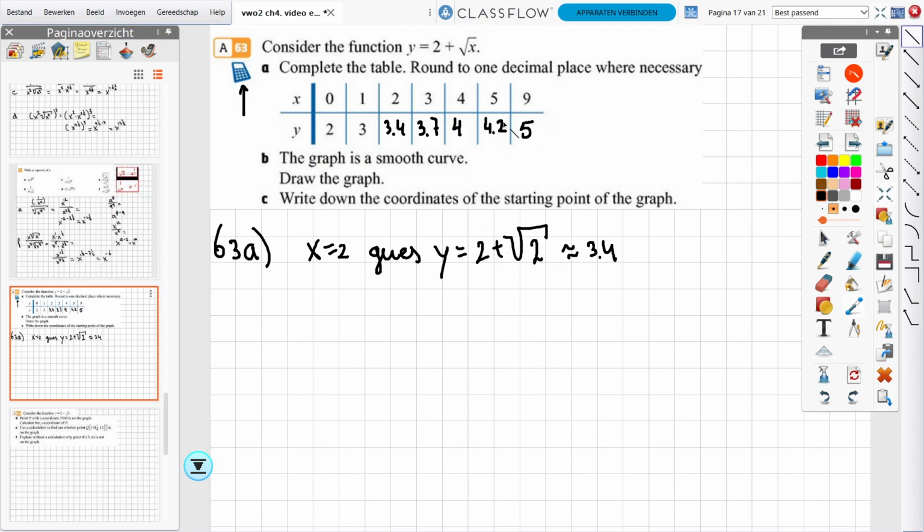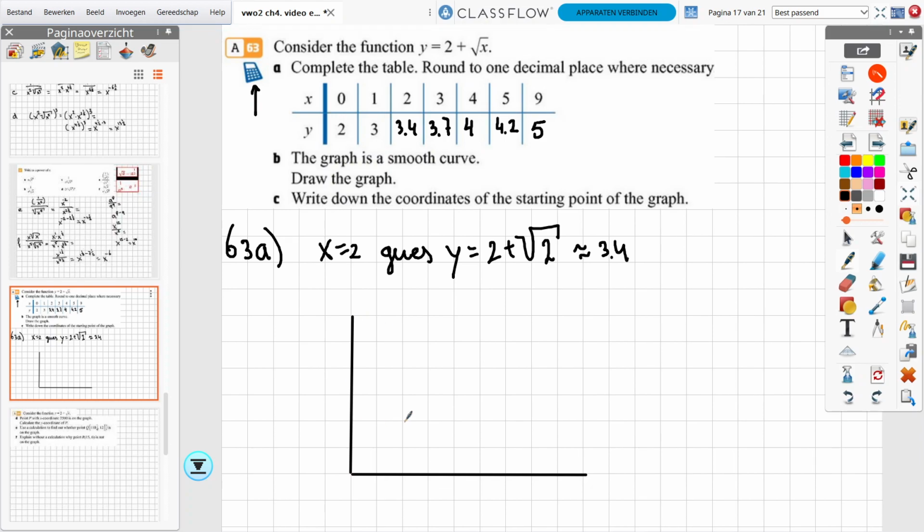And I know x goes to 9, so I can at least do 1, 2, 3, 4, 5, 6, 7, 8, 9. And I know y goes up to 5, so let's do 1, 2, 3, 4, 5. Oftentimes I do one higher for y, and I like that a bit more, but you can go to 5 as well.